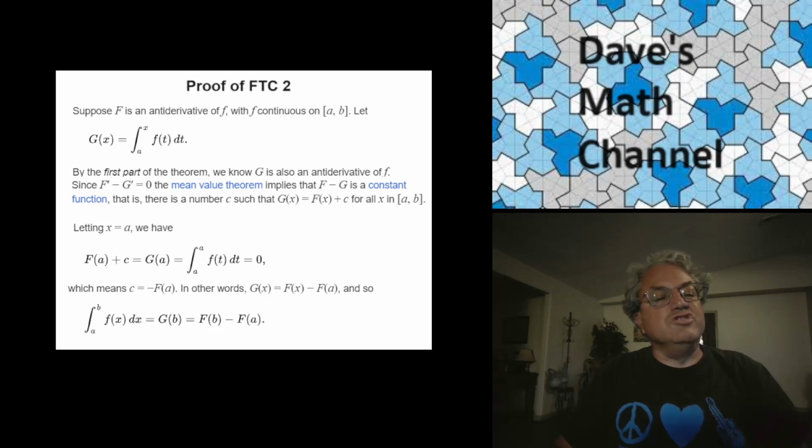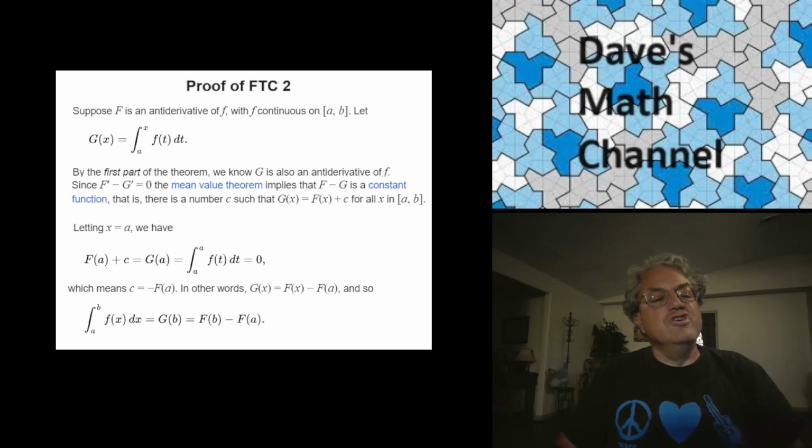So if G prime is little f, and we're defining some antiderivative capital F that is also an antiderivative, we know that all antiderivatives have to be equal up to a constant, because the difference has derivative equal to 0, and we know that the only functions whose derivative is equal to 0 are constants. So that completes the proof.